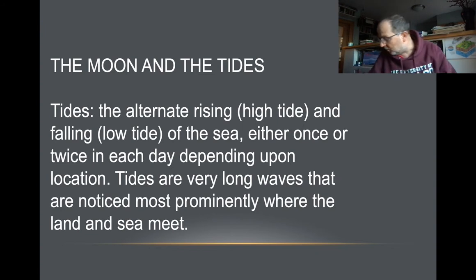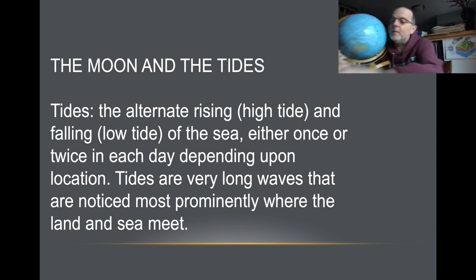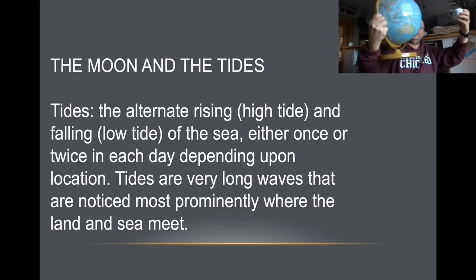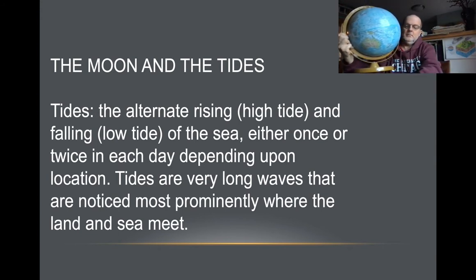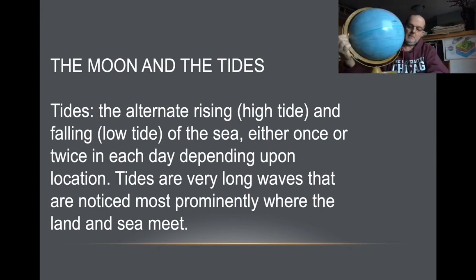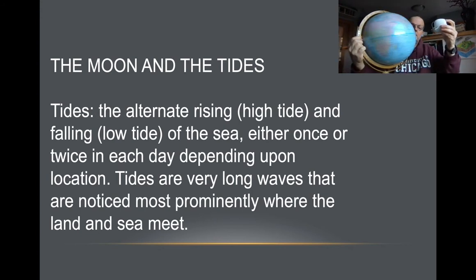Tides are very long waves that are noticed most prominently where the land meets the sea. Now, what one can try to imagine is that at any given moment, as the moon revolves around the earth, a portion of the earth is underneath that moon, rotating underneath that moon.